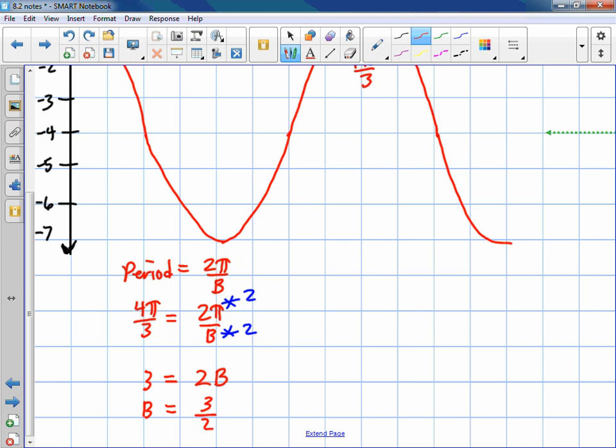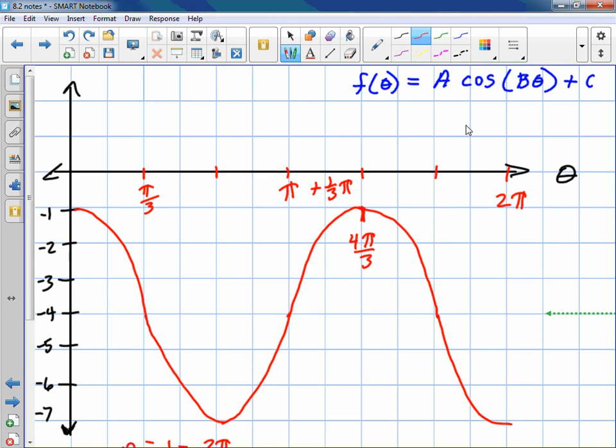All right, we're on our way. Life's good. We're cruising. B equals 3 halves. That can go back up here. My first one, so I can say f of theta equals something times cosine of 3 halves theta. Nice, nice.